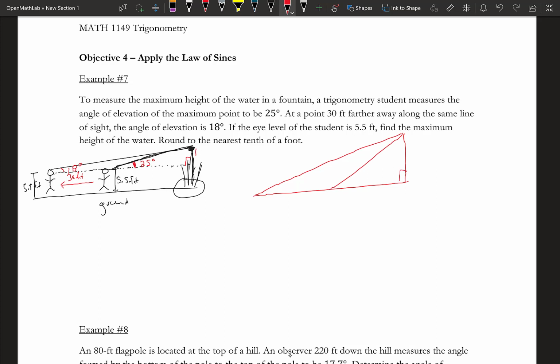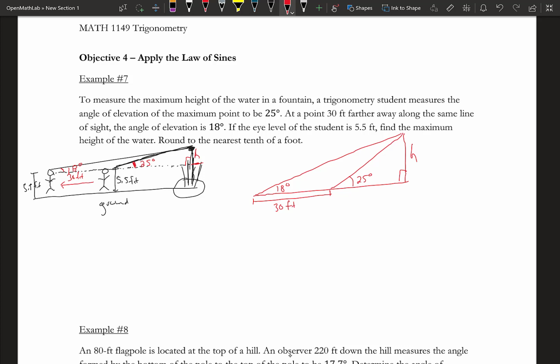I'll call this H. That's the height of the water that's above the person's head. So we'll let that be H. And then we know that this is 25 degrees, and this is 18 degrees. We know from here to here is 30 feet.